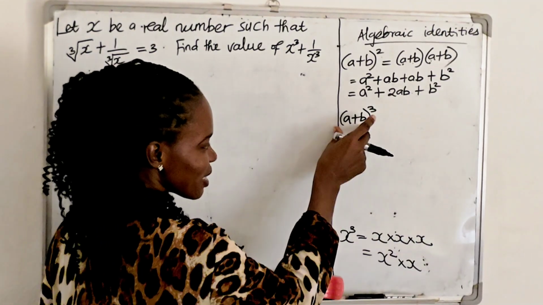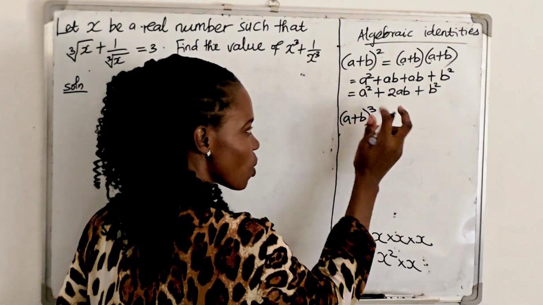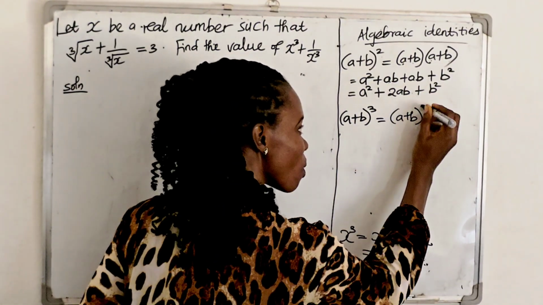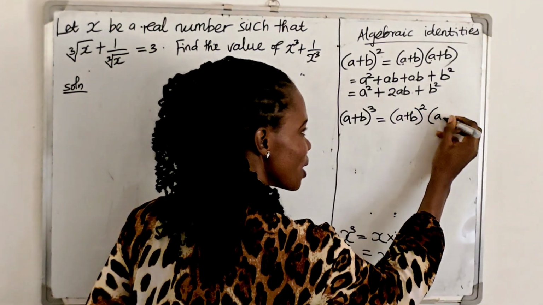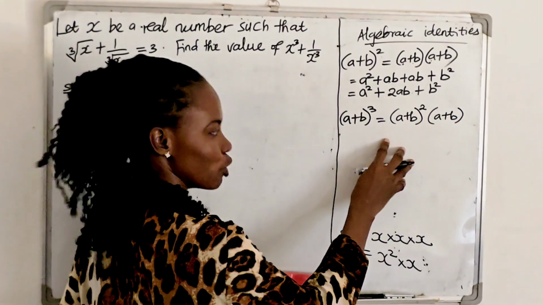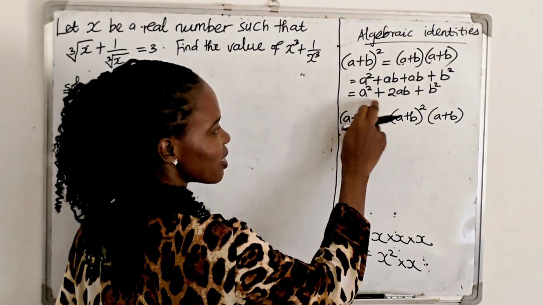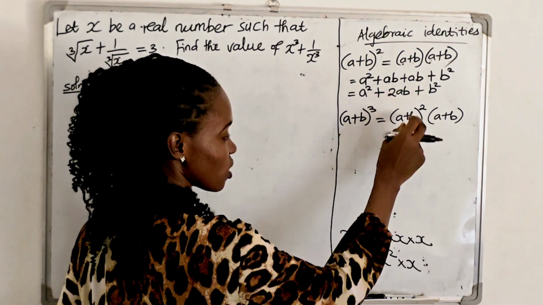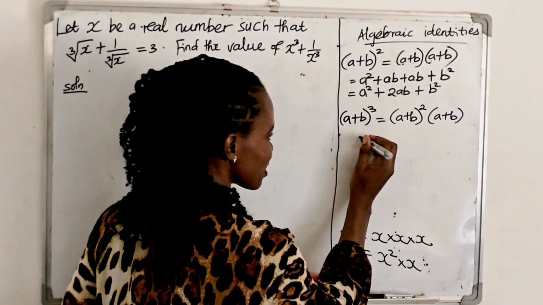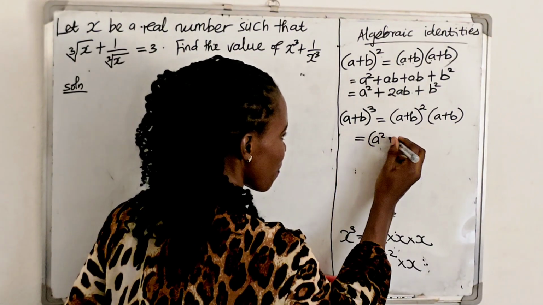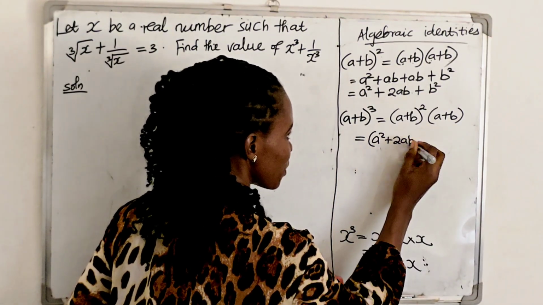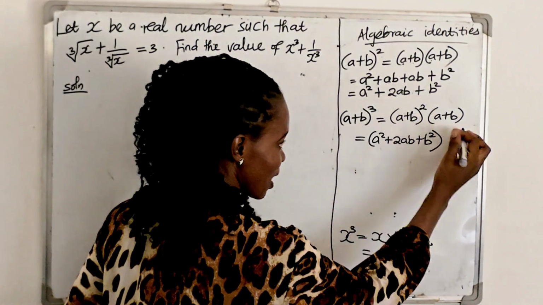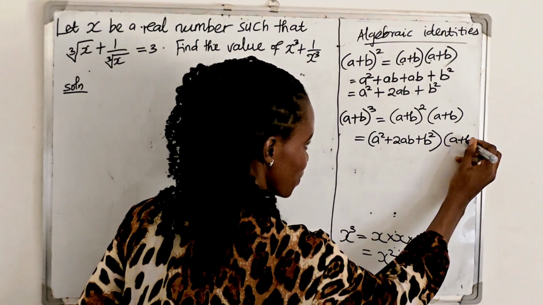Therefore, (a plus b) raised to the power of 3 is the same thing as (a plus b) squared times (a plus b), right? Now we have already expanded this one. We have seen the identity of it, which is a squared plus 2ab plus b squared. That is the expansion of this. Then times this, a plus b.